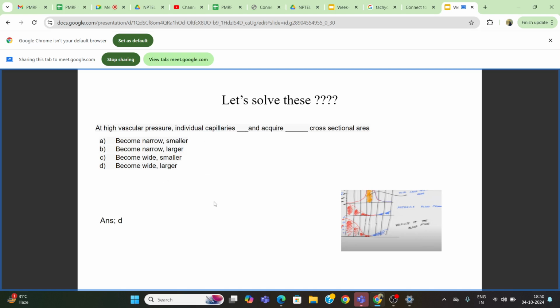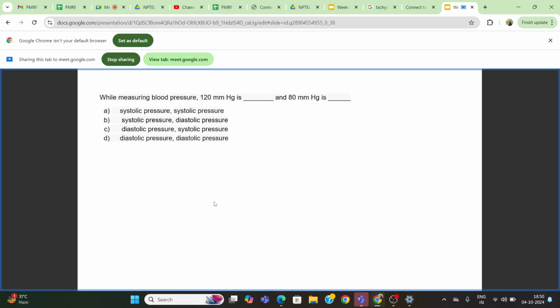What will happen to capillaries at higher vascular pressure? While measuring blood pressure, 120 mm Hg is dash and 80 mm Hg is dash. The question is simple: what denotes systolic pressure and what denotes diastolic pressure?